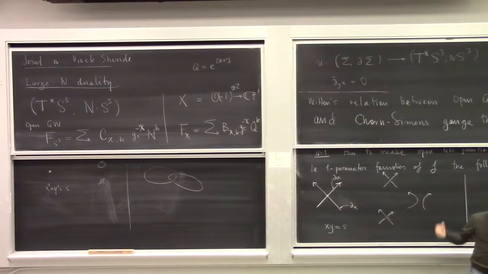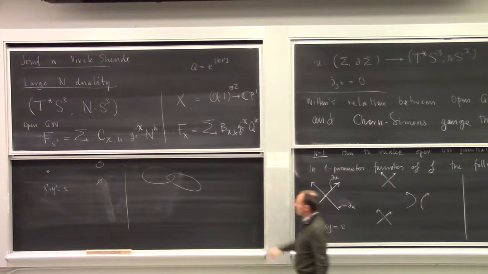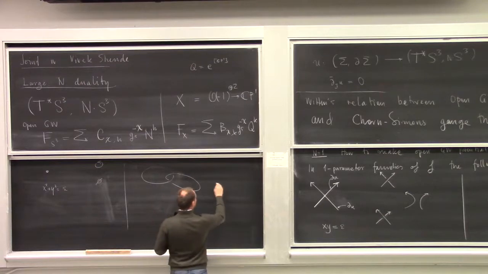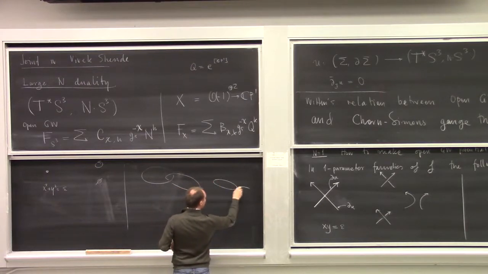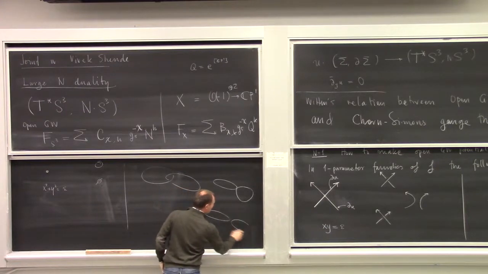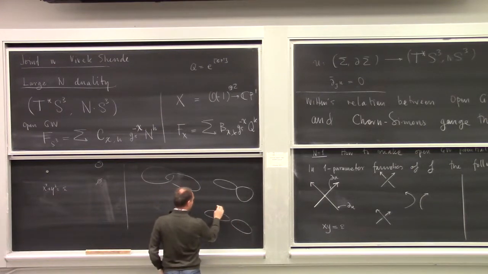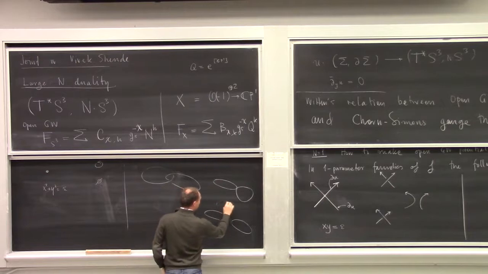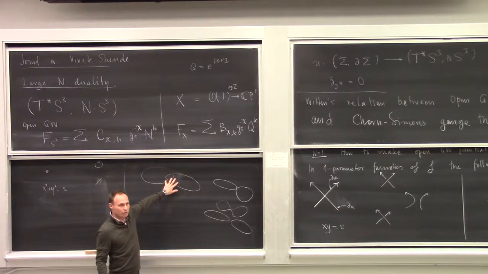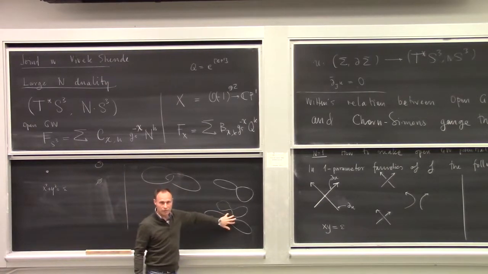For some almost complex structure, they maybe look like this. Then you start deforming, and at some critical instance, they intersect in one point, and after that, they're free. But what happened was that there was a third disk that looks like the other two, and it was created here. So on this side, if we count naively, we count 2, and on this side, we count 3.